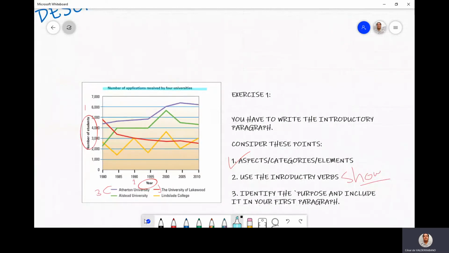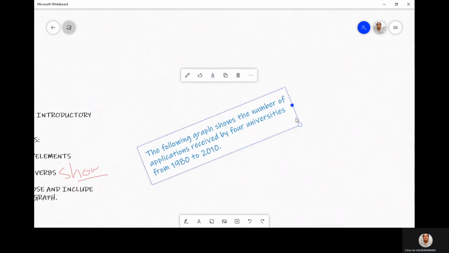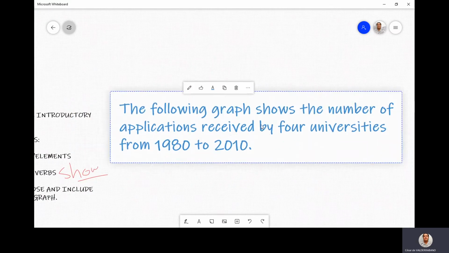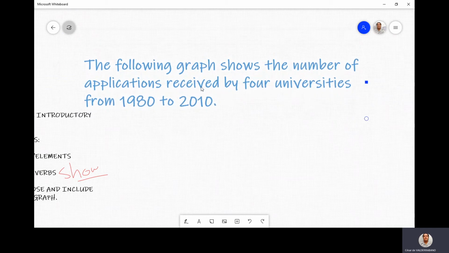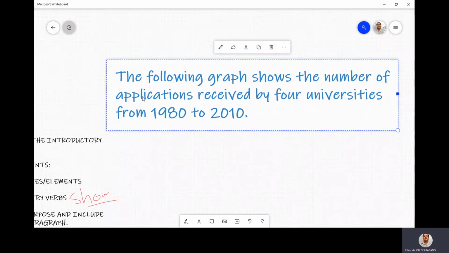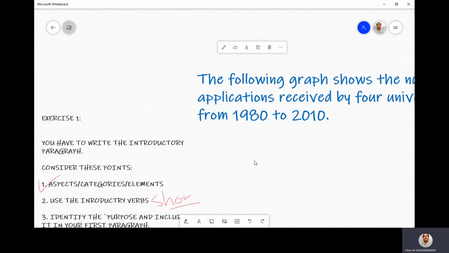If I want to create my first paragraph, it will be something like this. Let me show you very fast. There you go. The following graph shows the number of applications received by 4 universities from 1980 to 2010. So this is the correct answer.